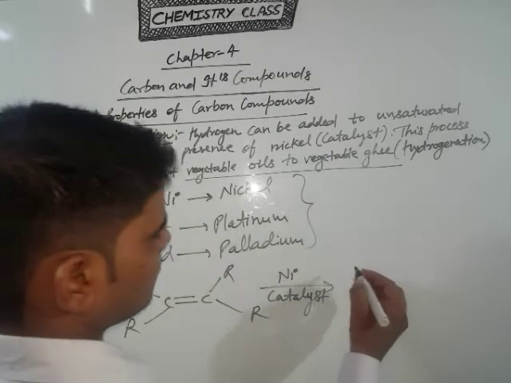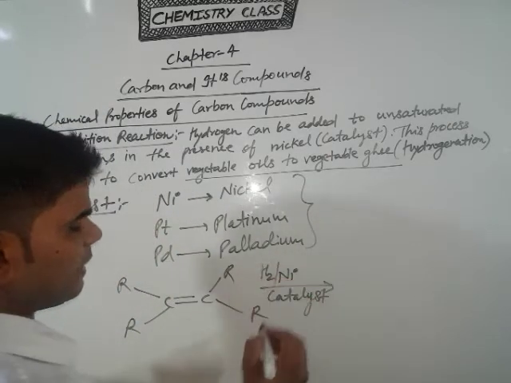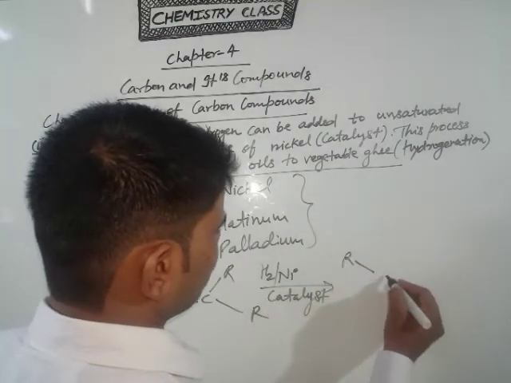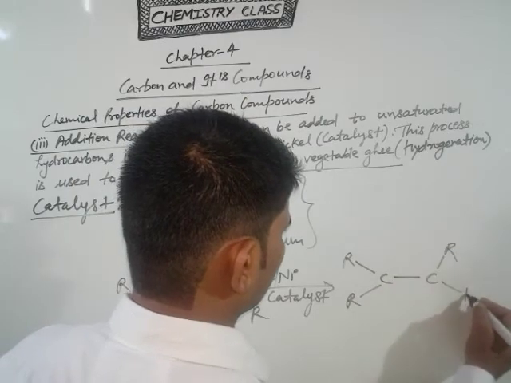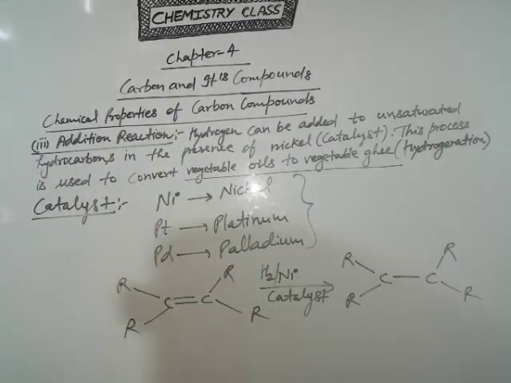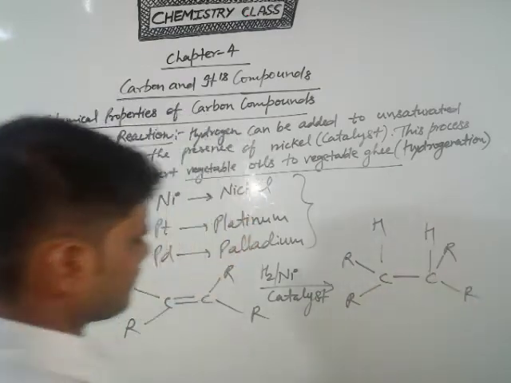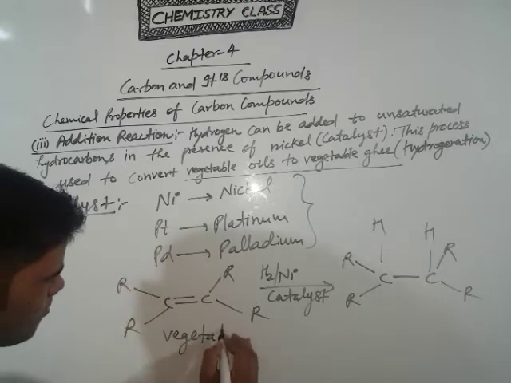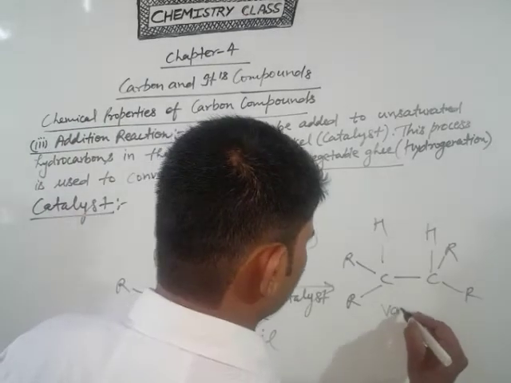So students, if you add hydrogen gas here in the presence of nickel, it will convert into R single bond R and C single bond R. So here one hydrogen is attached like that, and the second one also like that. This is the formula of vegetable oil, and this is our vanaspati ghee.